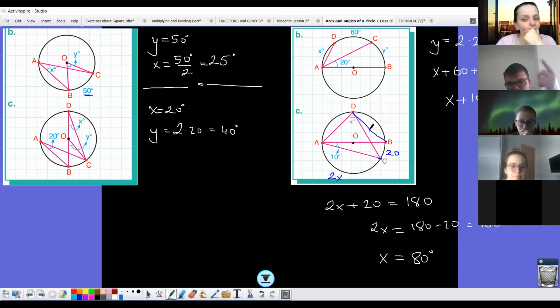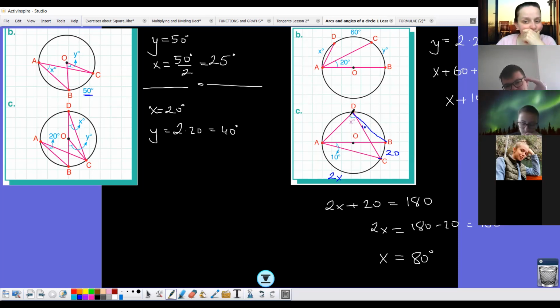It will be 10, that angle. We also know that it is a semicircle now, and it will be 90 minus 10, it's 80. So x plus 10 will be 90 degrees. So x is equal to 80 degrees. Okay, also this is a way.